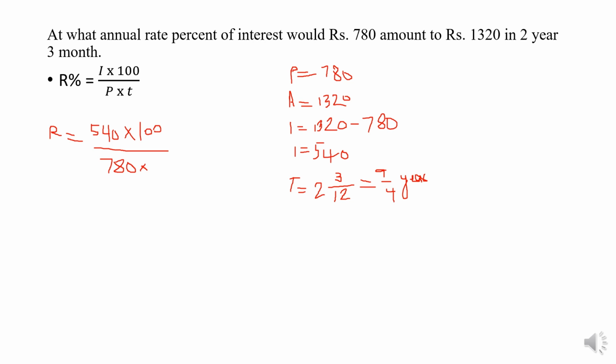So we write it in this form: 4 goes up and 9 goes down. So 4 by 9.